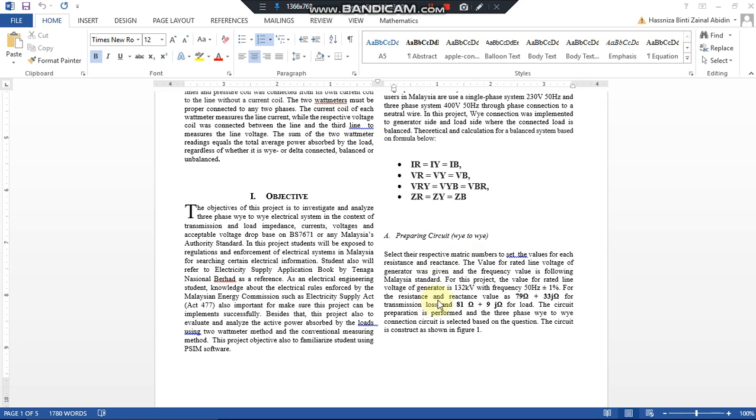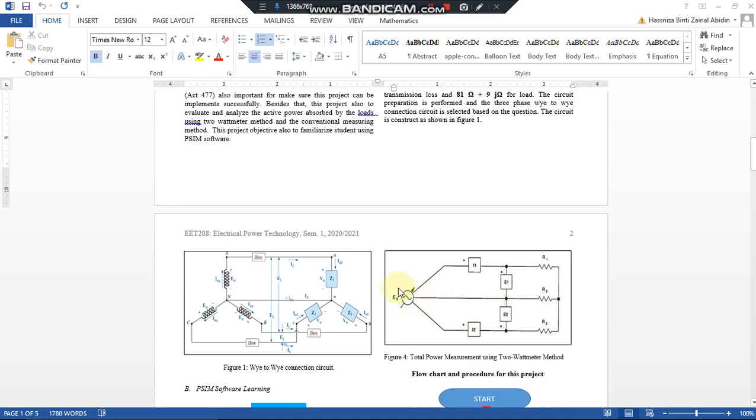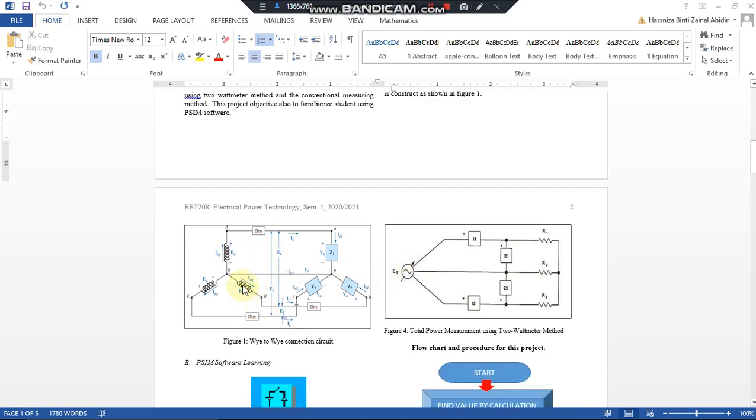From my matric number, the value for the resistance and reactance is 79 plus 33j for transmission loss, and 81 plus 9j for the load. And we use a generator voltage of 132 kV with frequency 50 Hz. This is the circuit of the Y-Y connection.